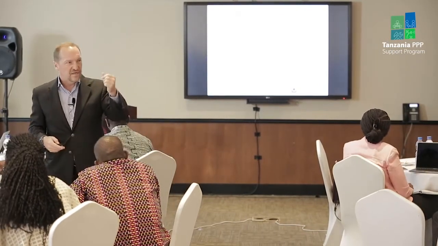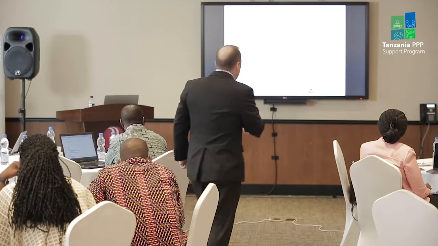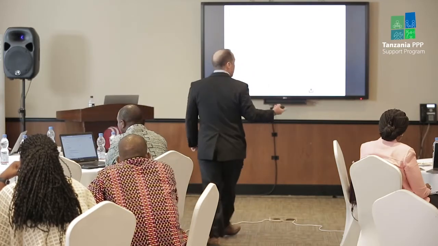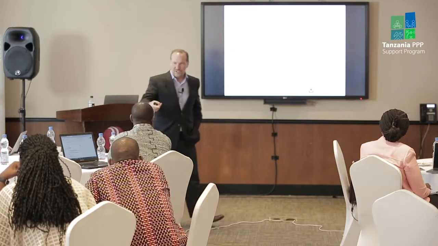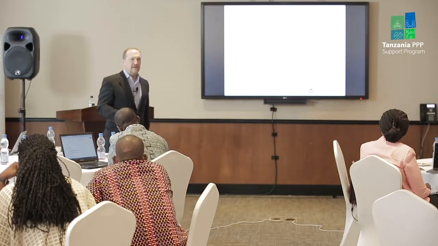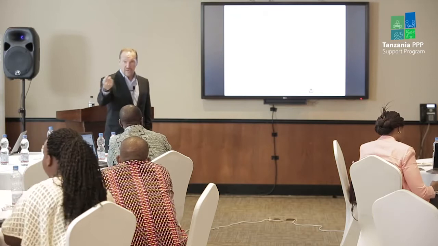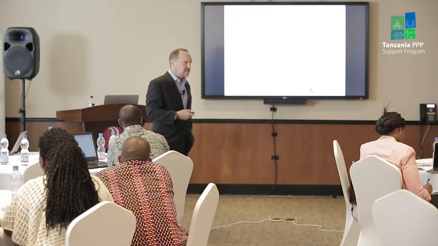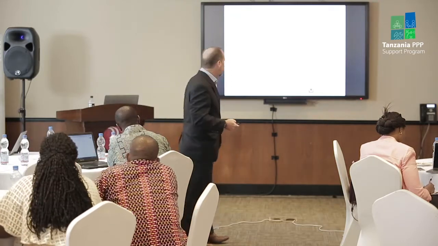In PPPs, lenders don't typically lend based on what they can do with those assets. It's really based on the future cash flow of the project. So don't be surprised if we're not going to be spending too much time on balance sheets. We'll talk a little bit about it, but actually being able to program or manipulate and understand a balance sheet requires a little bit more accounting knowledge here.